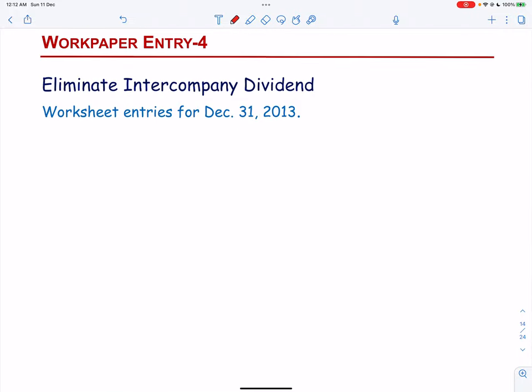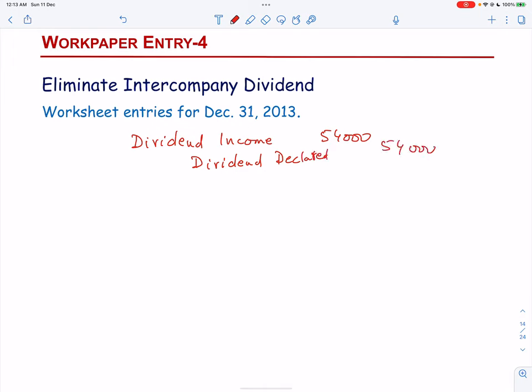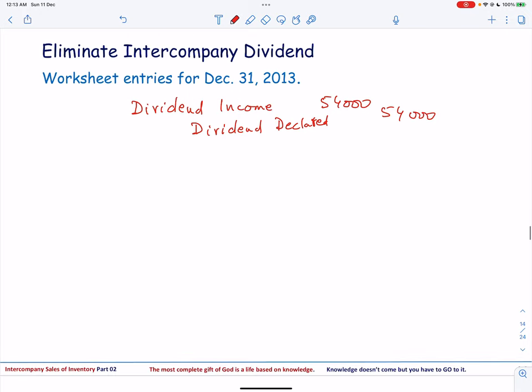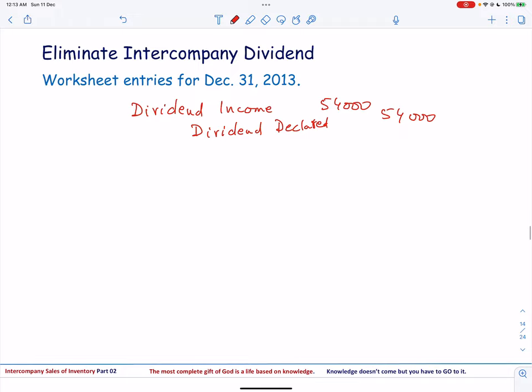Since this is an intercompany dividend, we have to eliminate it. So we will first of all debit dividend income by 54,000, and we will be crediting dividend declared 54,000 to eliminate the intercompany dividend, and we are going to record it, and this is transaction number 5.